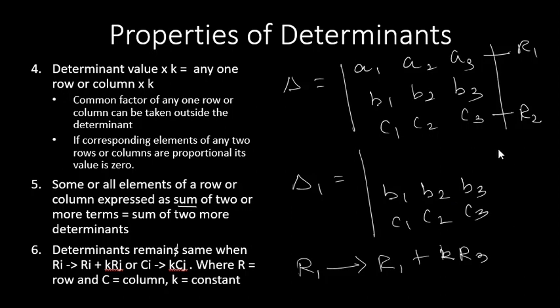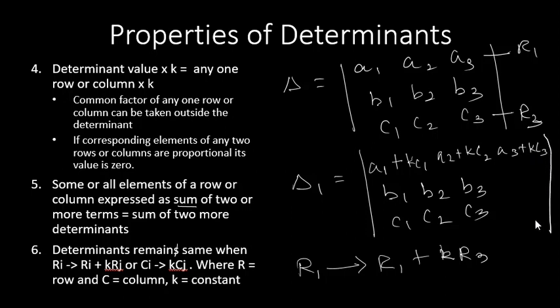But I have multiplied row 3 by k and added it to row 1. So A1 plus kC1, A2 plus kC2, and A3 plus kC3.